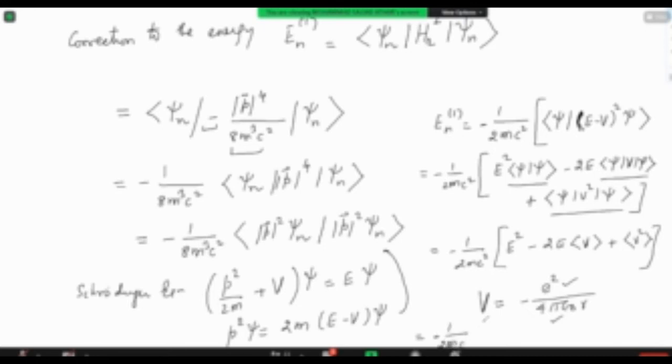I should write it in the proper way because we are writing for the nth state, this is En square plus twice En. Minus sign has become positive because we have a minus over here. Twice En, e square by 4 pi epsilon naught, expectation value of 1 by R, plus e square by 4 pi epsilon naught whole square, expectation value of 1 by R square.